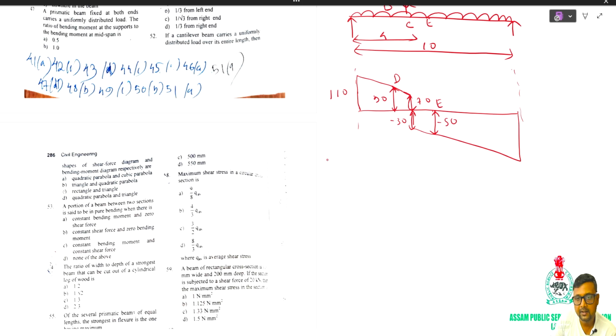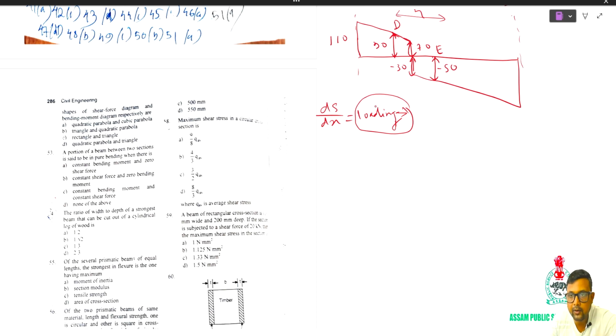Now what I said, rate of change of shear force is equal to the loading. Now what is the shear force difference between D and E? Shear force at D minus shear force at E. How much? 90 minus minus 50 is equal to 140. Now what is the loading?